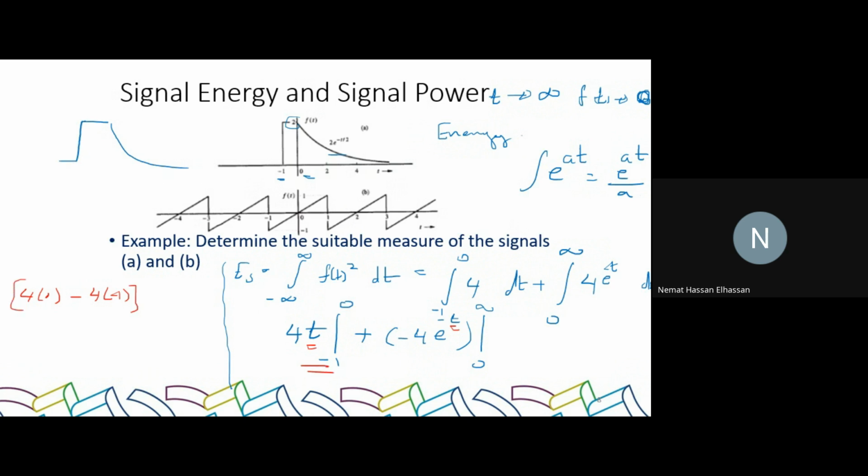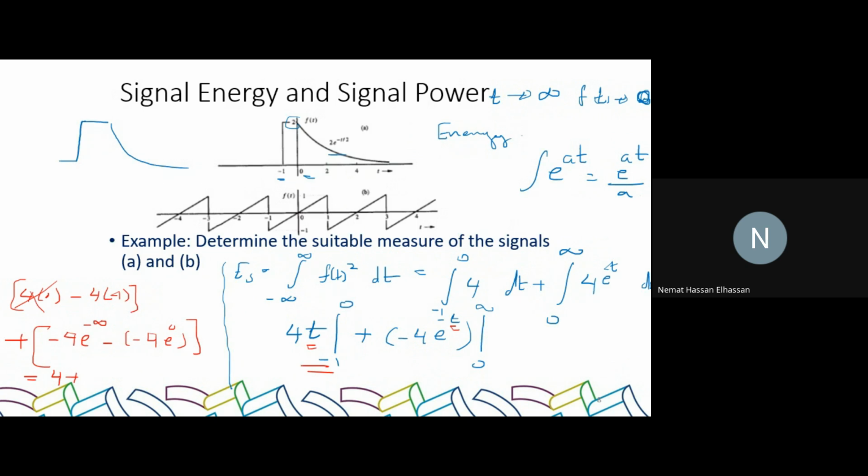Plus the second integral: minus 4e to the power minus infinity, minus minus 4e to the power 0, correct? The first part, 4 times 0 is 0. Minus 4 times minus 1 is plus 4. So this is equal to 4 plus the second. e to the power minus infinity is?